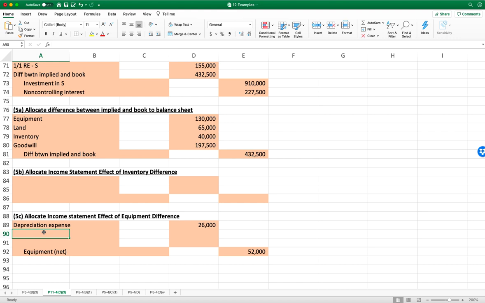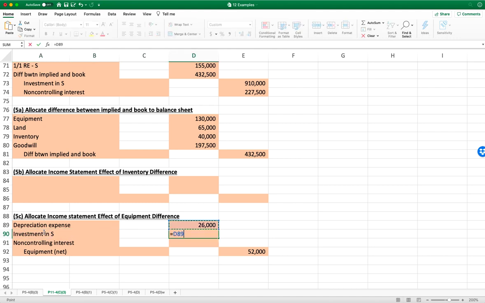Those two accounts are going to be non-controlling interest, and because it's the equity method, investment in S.